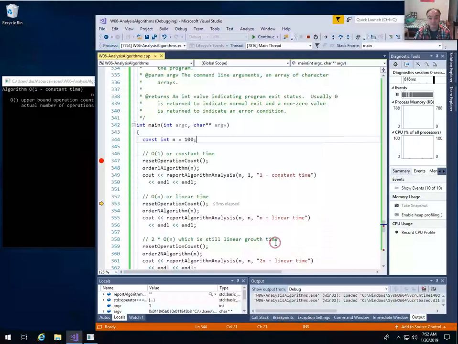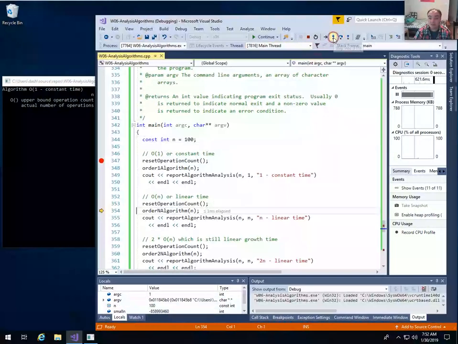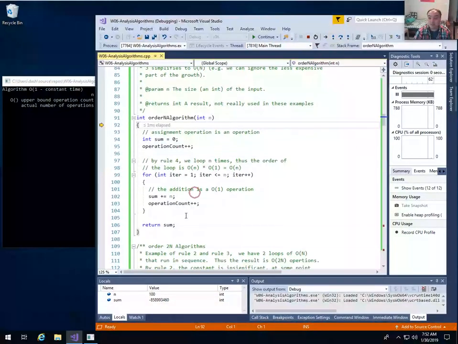Okay, so let's look at the simplest, big O of n growth rate, known as linear time growth rate. Let's go ahead and step into that. The pattern is very simple, so you'll see this all the time.